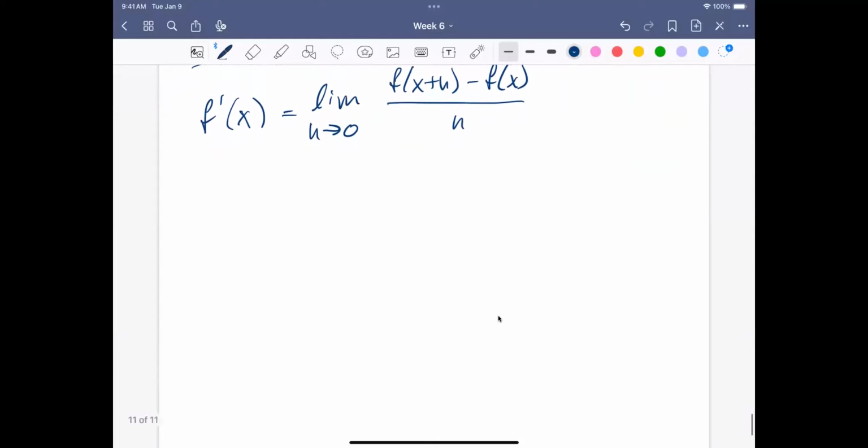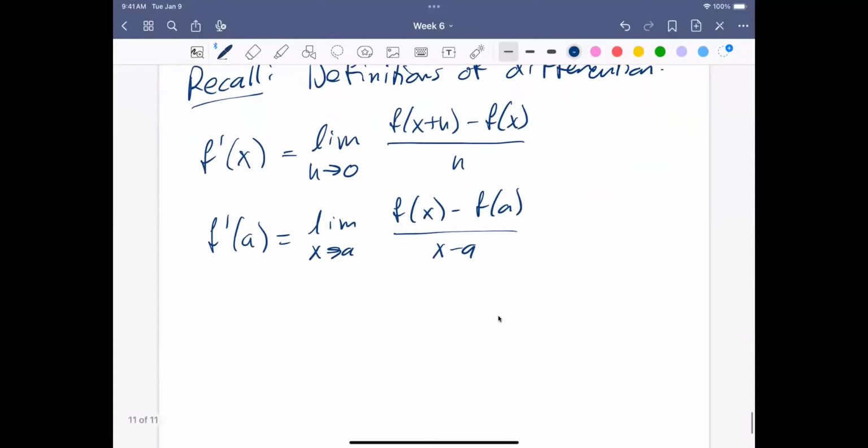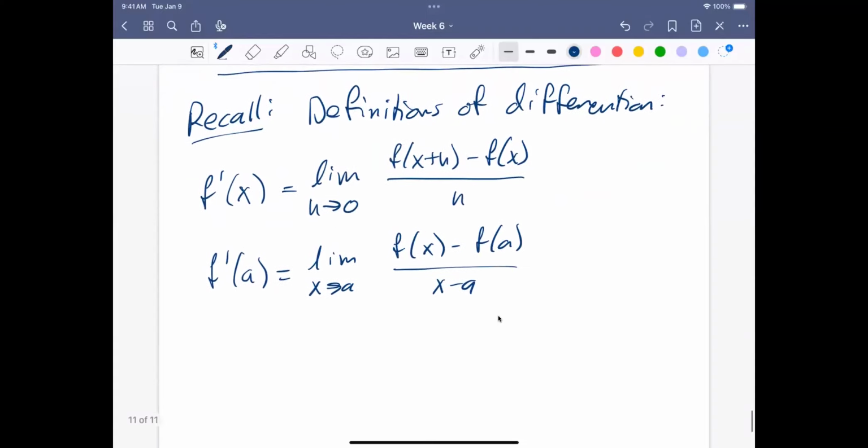And then another alternate one is if I do f prime of a, I can do the limit as x approaches a of f of x minus f of a all over x minus a. So we're doing sort of a slope thing in either case. But as we saw yesterday in discussion, with the homework, these take quite a bit of computation and are quite tedious to actually work with.